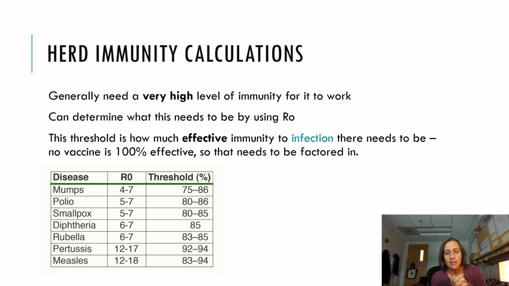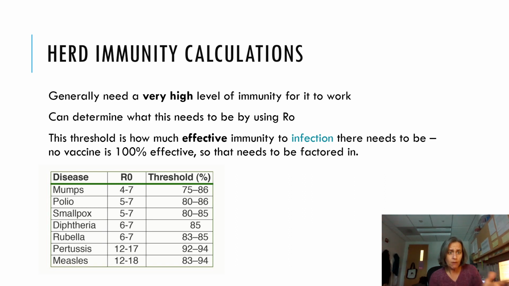So no vaccine is 100%. So if you had 100% of people who got vaccinated and the vaccine was 80% effective, then your effective immunity is 80%. If you had 80% of people get vaccinated and the vaccine is 80% effective, then you have 64% effective immunity. Do you kind of see what I mean there? So anyway, you can figure out what it is that you need.